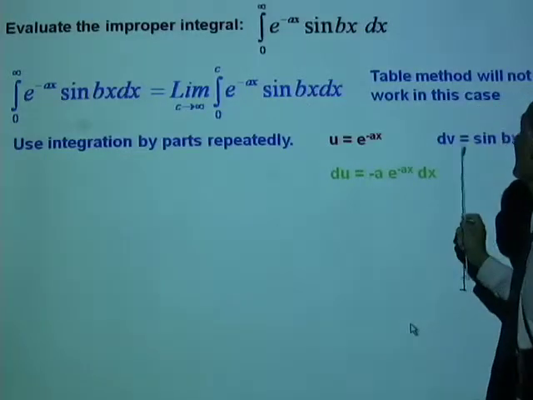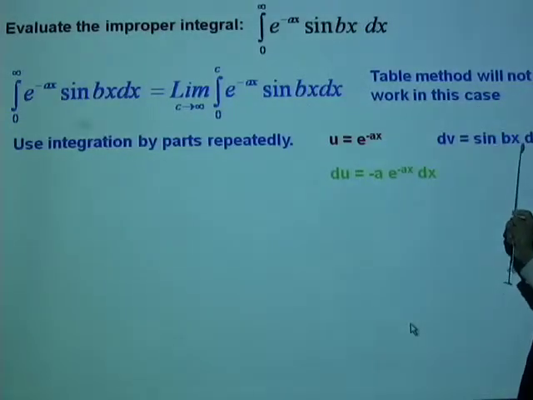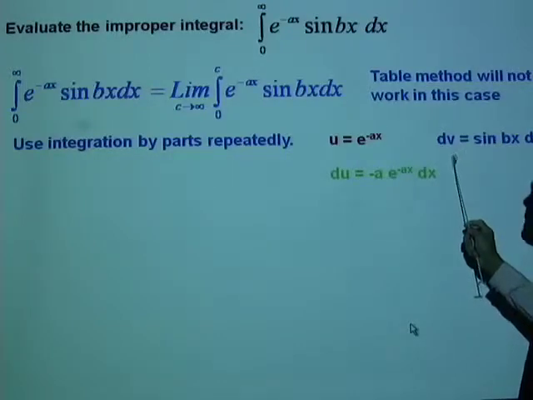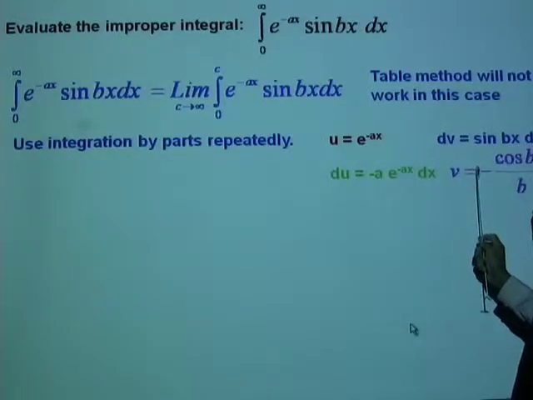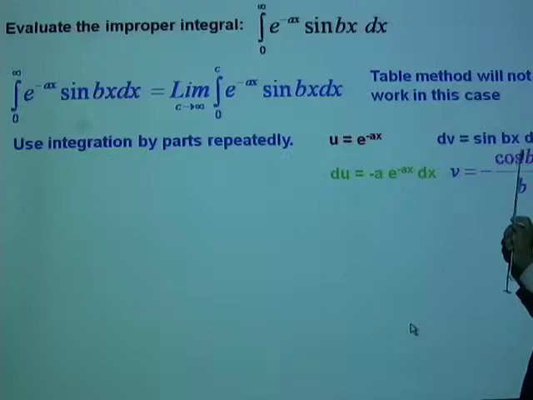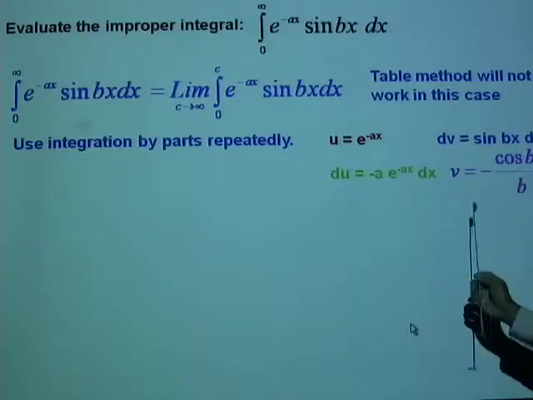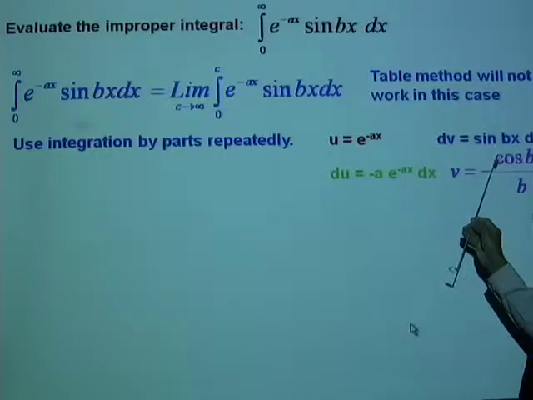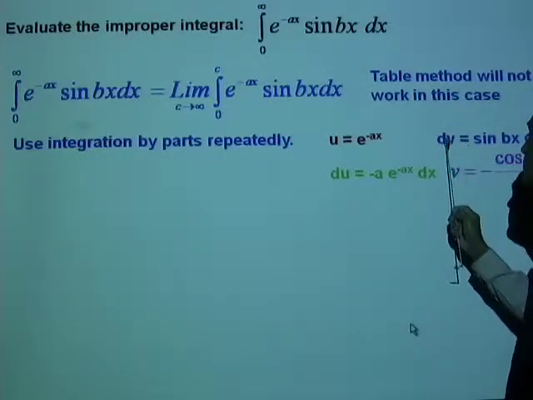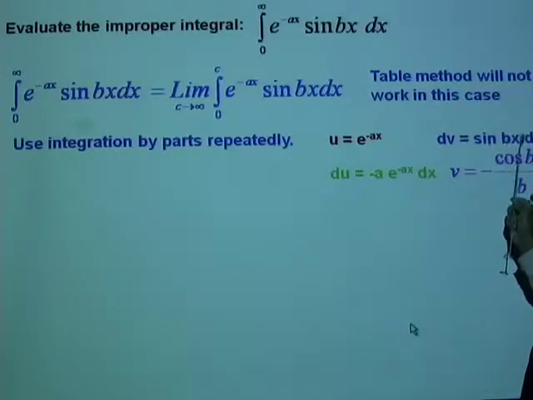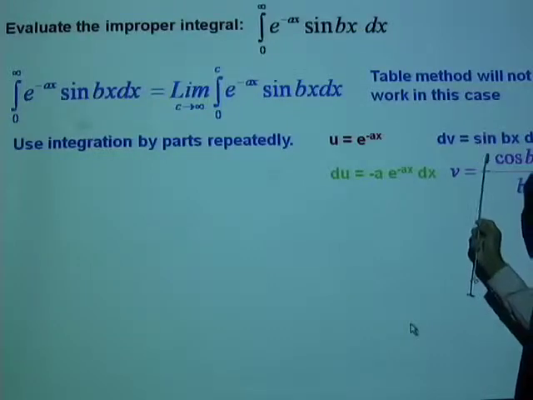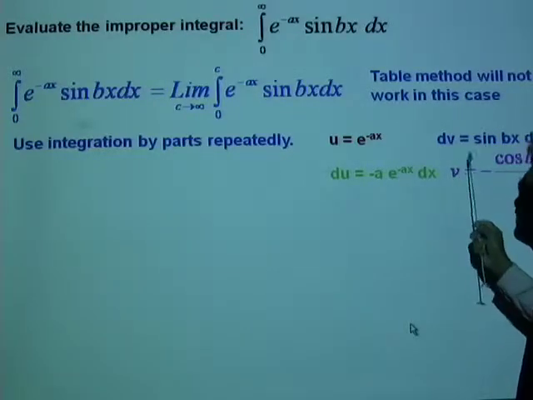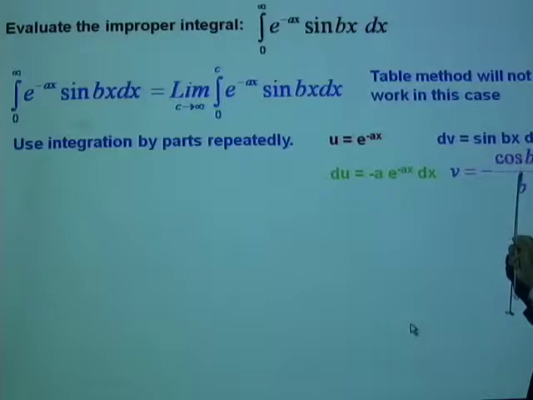Our dv is sine bx dx, and therefore what is v equal to? v will be negative cos bx divided by b. If you cannot see this on the screen, take a note of those. Our dv is sine bx dx, and integrating that will give you v equal to negative cos bx over b.